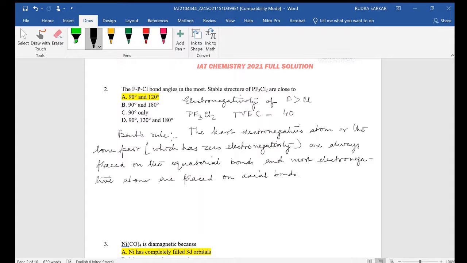That is, phosphorus has 5 electrons, and for fluorine and chlorine there are 7 electrons in each, so 7 into 5, 35. That means total is 40.